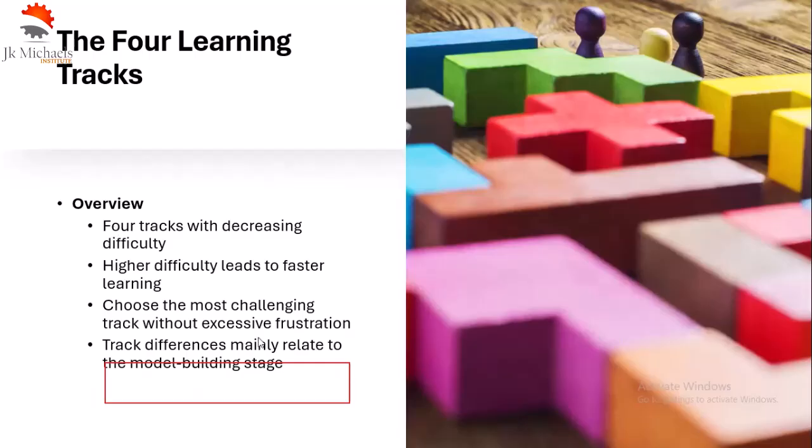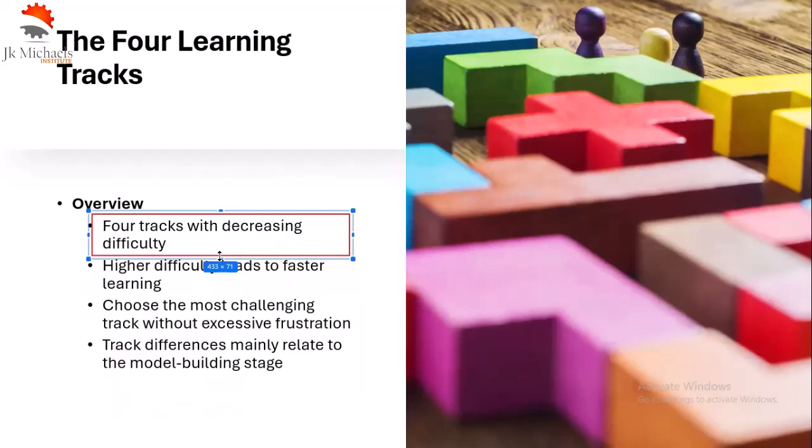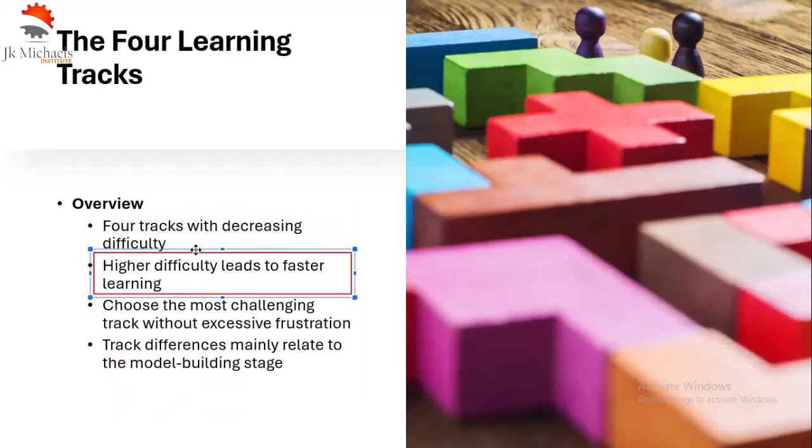The 4 learning tracks let you know ways you can learn Excel, each one with decreasing difficulty. Of course, as you learn the basics and improve, you will notice that your assimilation becomes faster, better, and easier.